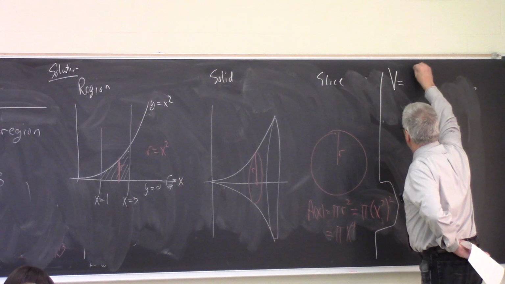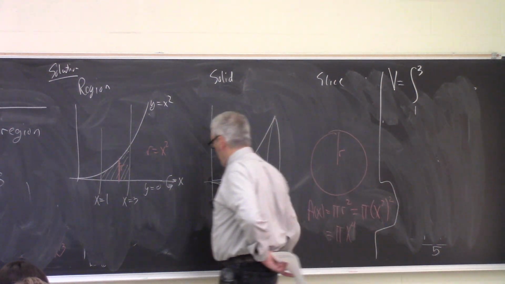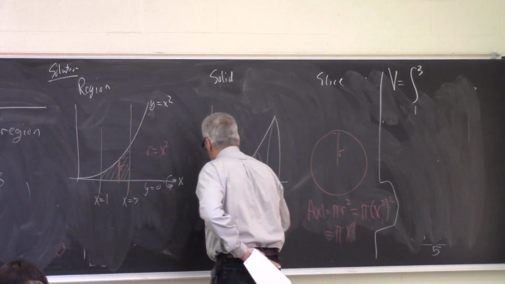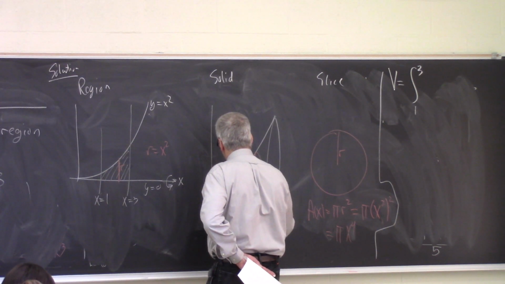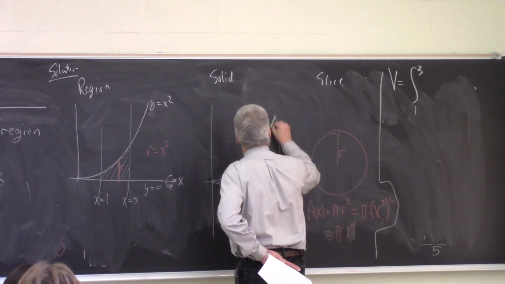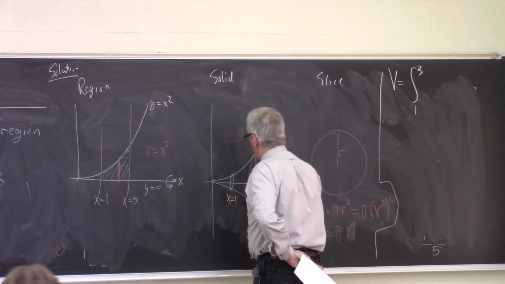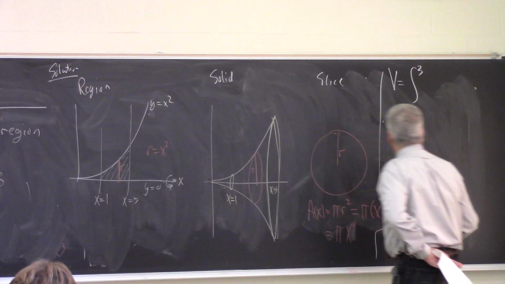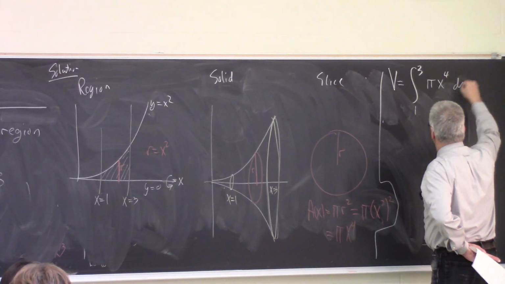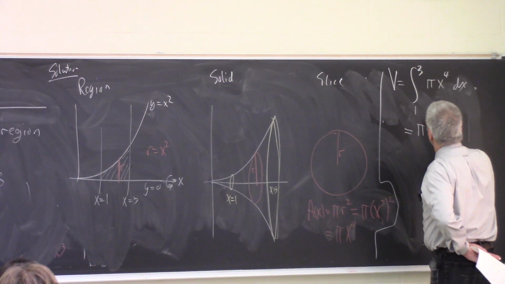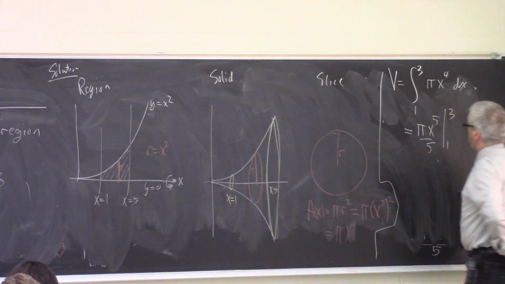is going to be the integral from 1 to 3. Oh, and I should convey that this starts at x equals 1. And it ends over here at x equals 3. So I'm integrating only from 1 to 3 of pi x to the 4th. So my volume is going to be pi x to the 5th over 5, evaluated from 1 to 3.